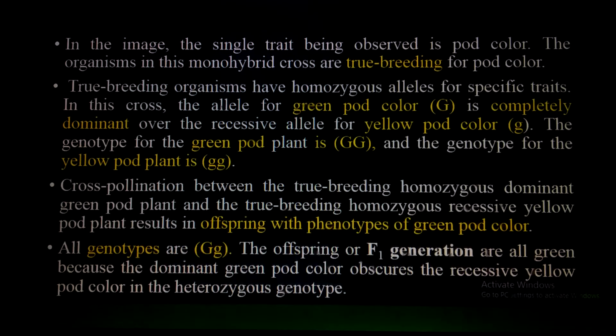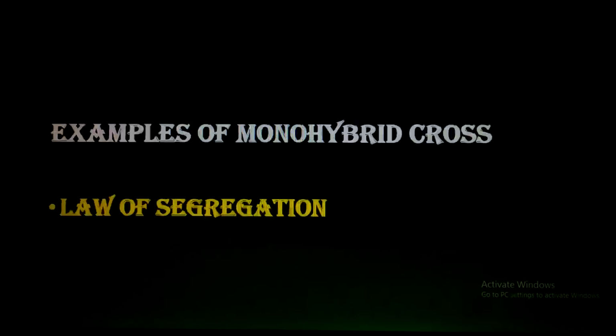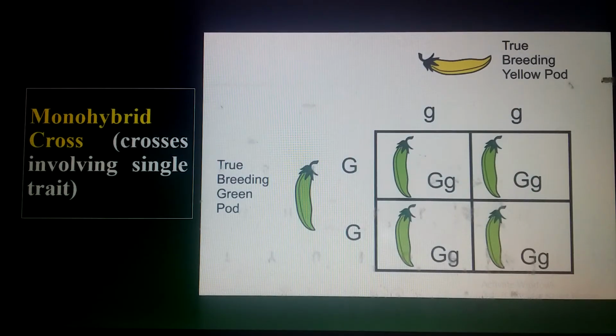Now, in the image, the single trait being observed is pod color. As I have shown you, we are here considering just one character, that is the pod color. As I have discussed, the law of segregation follows the monohybrid cross.